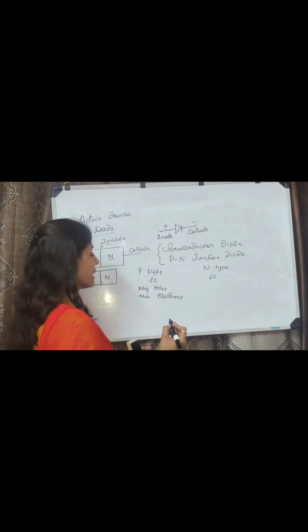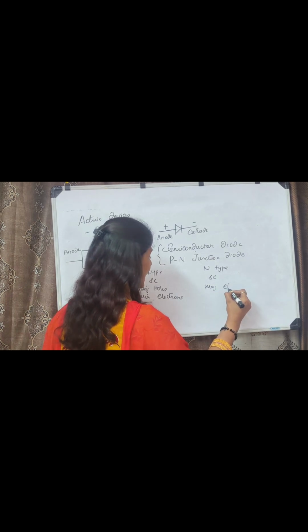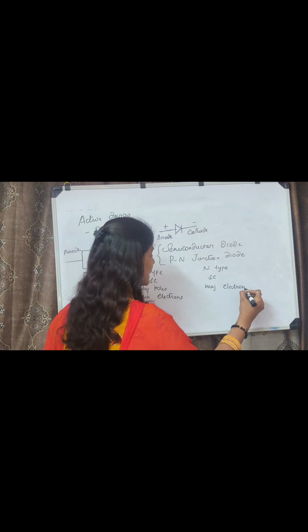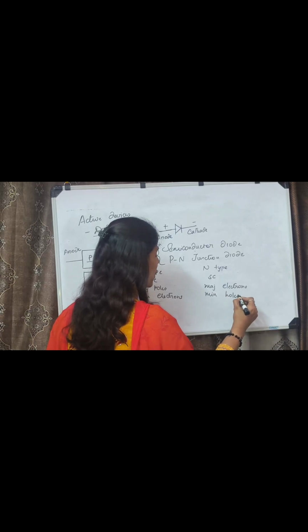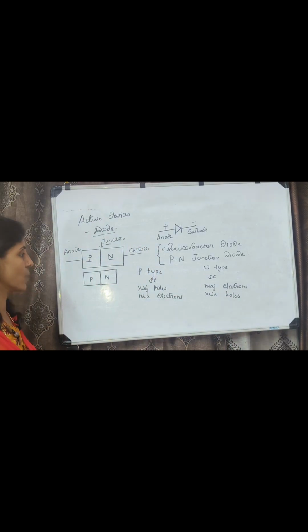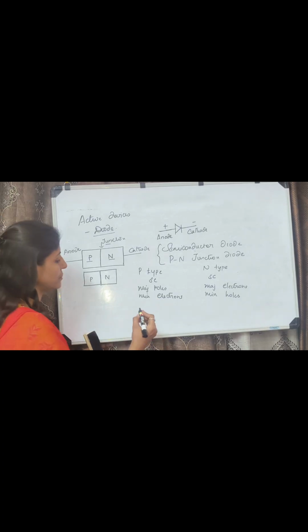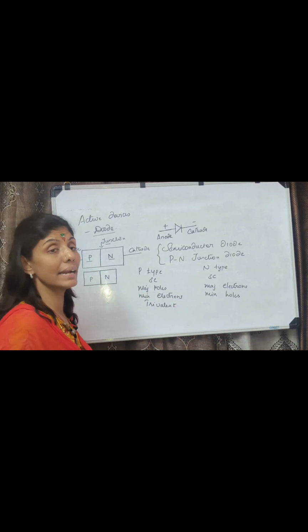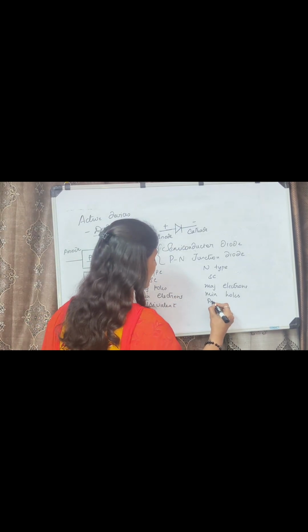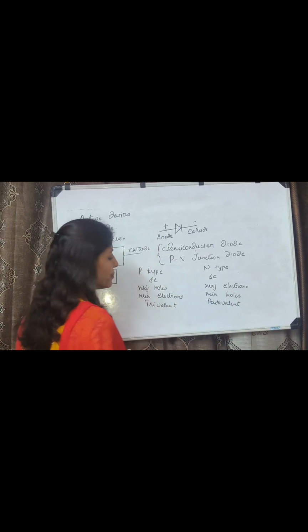In the n-type semiconductor, the majority charge carriers are electrons and the minority charge carriers are holes, right? How did we fabricate the p-type semiconductor? By using a trivalent impurity. How did we design the n-type semiconductor? By using a pentavalent impurity.